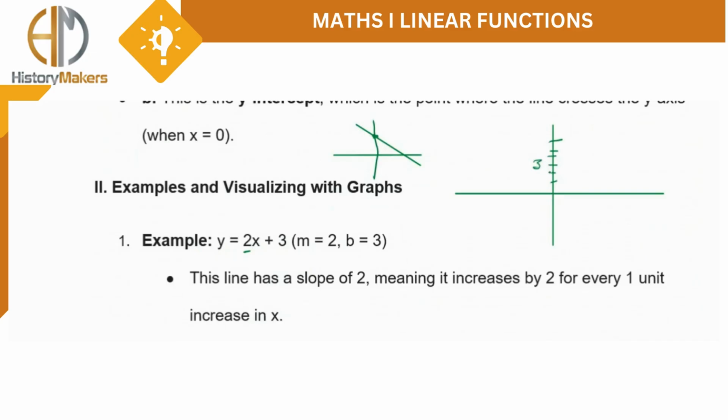So we know our line cuts the 3 there, and then it has a slope of 2. Remember, there's a formula for slope which says y2 minus y1 over x2 minus x1. So what does it mean by saying it increases by 2 for every 1 unit increase in x? It increases by 2 for every 1 unit.